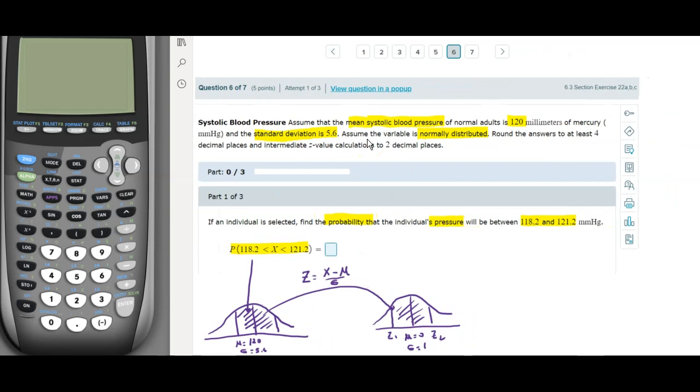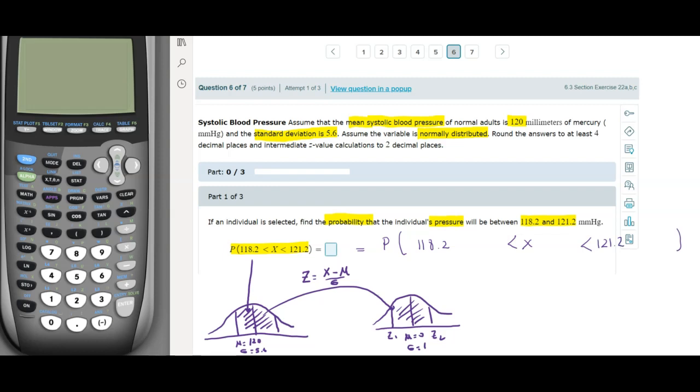The easiest way to do this question is to write the probability with the values 118.2, leave a space for the x value, and 121.2, leaving a space again.